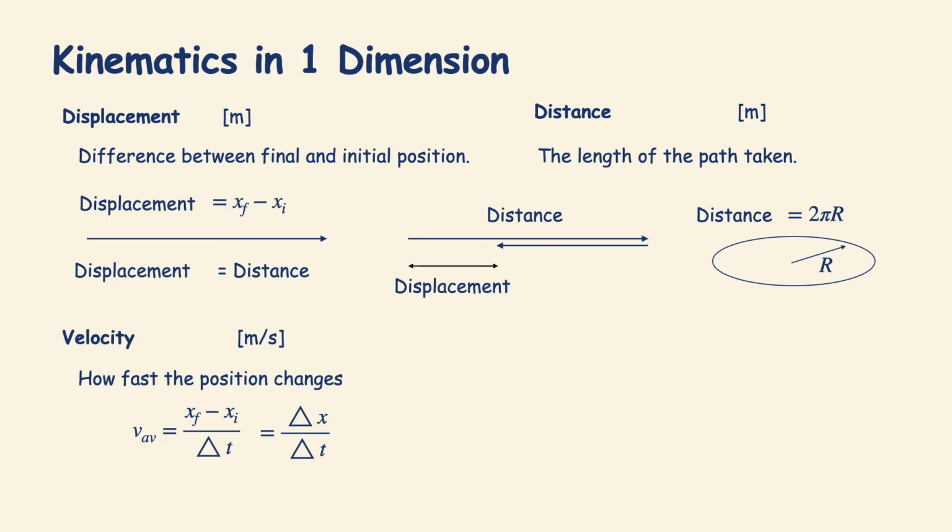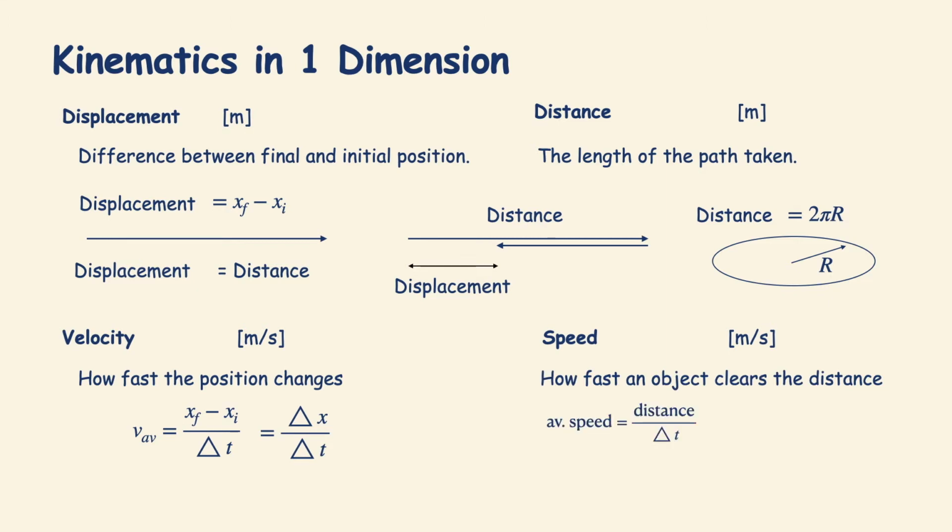We have another concept that is related to how fast things are moving, and that is called speed, also measured in meters per second, but it tells us how fast an object clears a distance. So here the average speed will be the distance traveled over the time. That formula is very handy frequently in situations where objects are moving along a circle.